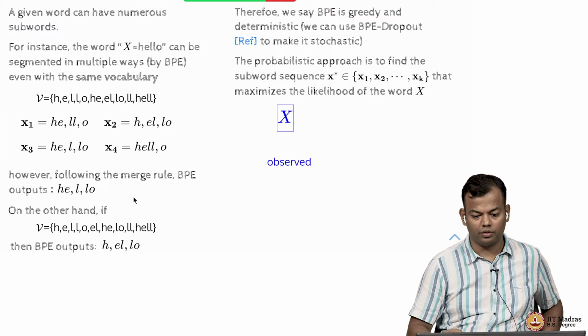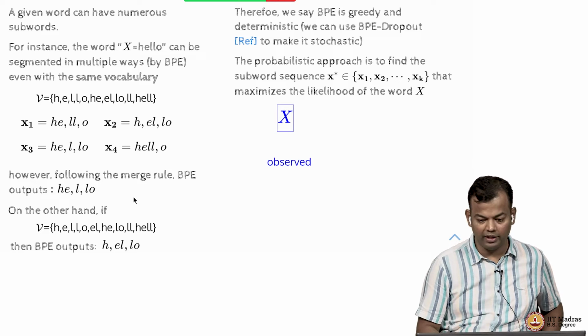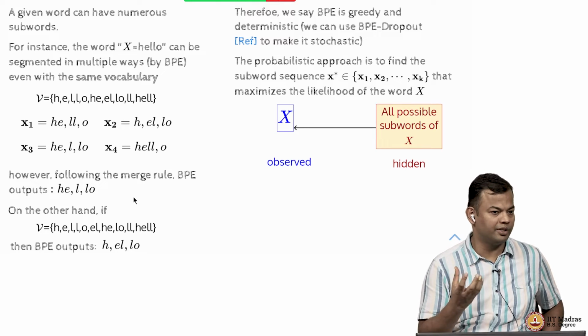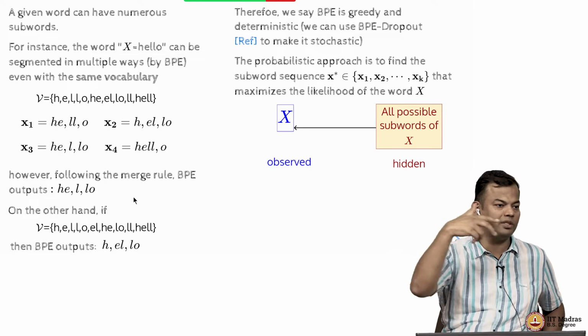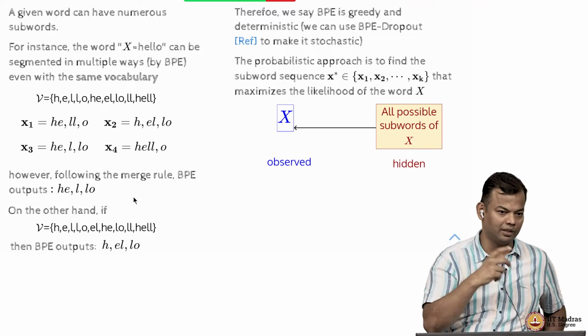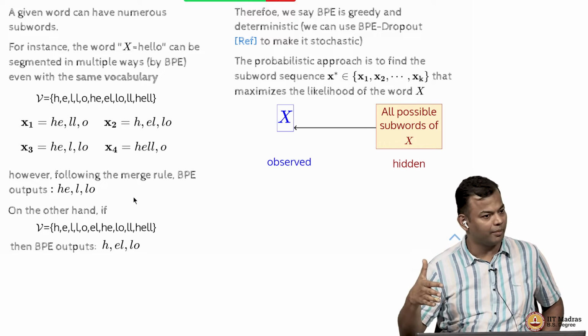This X is the word hello that you have observed. There are many segmentations possible. Of these, which is the one that actually led to X? So you have an observed variable and a hidden variable, which is the segmentation.